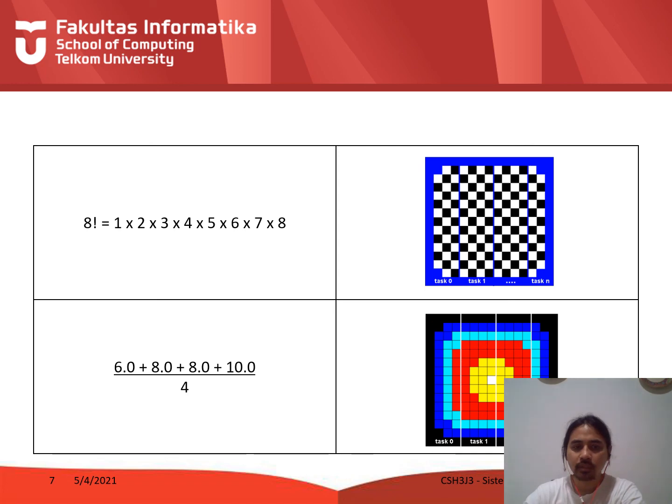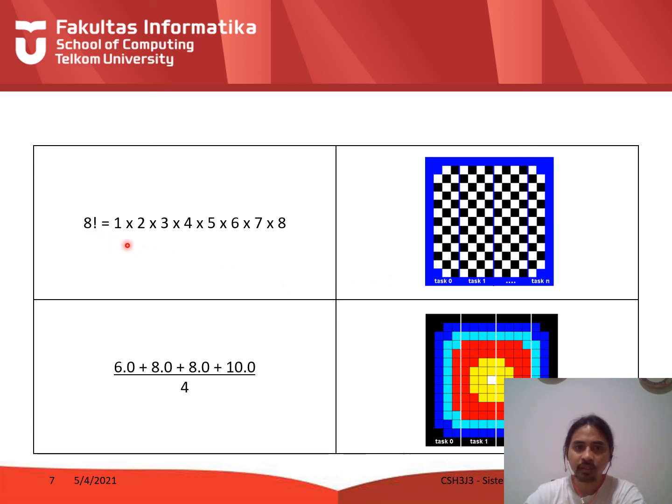So we have discussed several examples of parallel programming, and as you can see here, actually all of them are quite balanced in load. If there's an image and you divide the image into equal parts, they are evenly loaded.